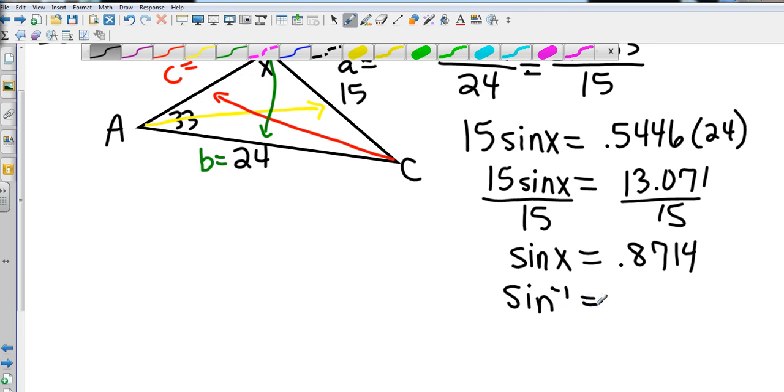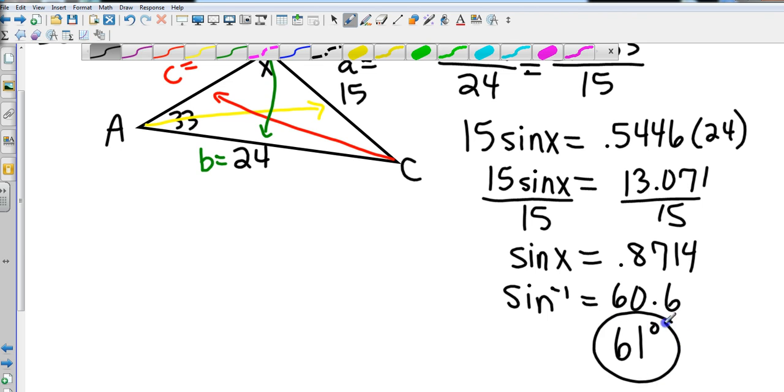So I'm going to hit sine of -1, 0.8714, and that gives me an angle of approximately, let's see what they ask for it. They ask for it in the nearest degree, round angles to the nearest degree. So that came out to be 60.6, which is going to be 61 degrees.